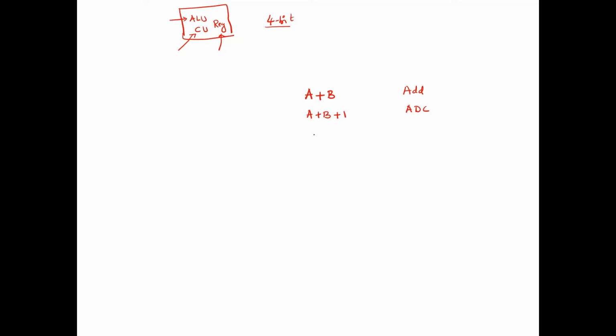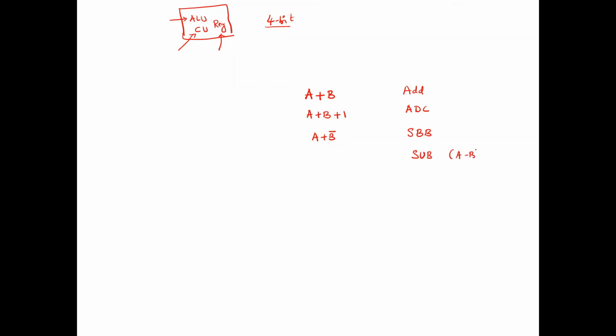I can even have subtract with borrow. Logically, how do we write the Boolean expression for subtract with borrow? A plus B bar. And if you want a normal subtraction, what is normal subtraction?